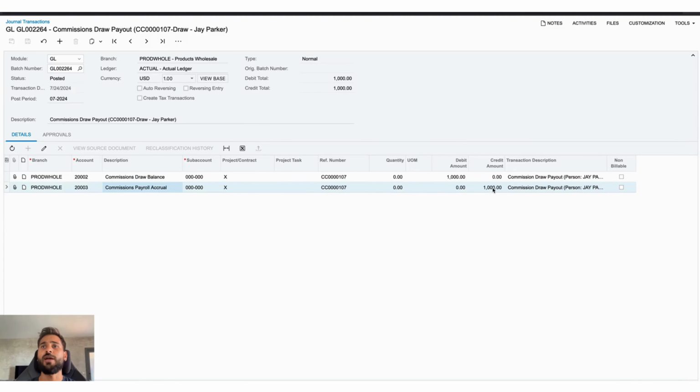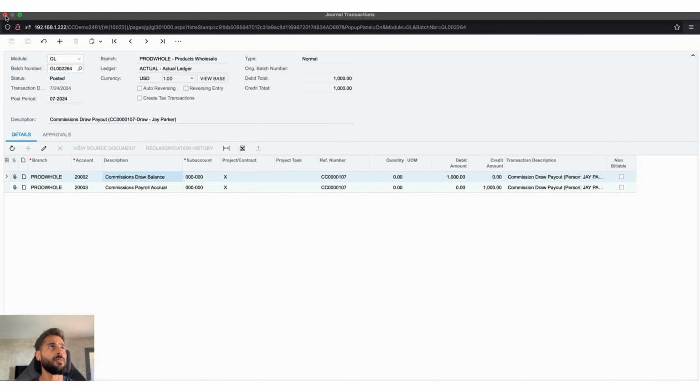So we are increasing the commission payroll account, the amount of money that we are going to pay to our sales team, 1,000, by crediting this liability account. And then we are increasing our liability account for the draws with the same amount of money. In other words, the payment is being supported by this account, okay, over here, that is a liability account as well.